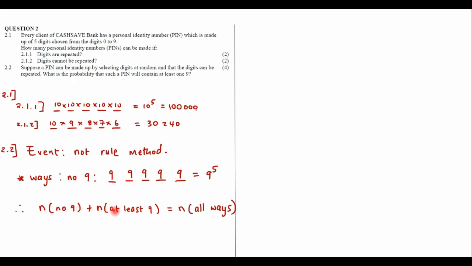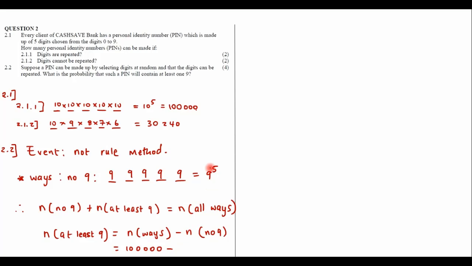Now we want the one that says at least one 9, which will then be the total number of ways subtracting the number of ways where there's no 9.